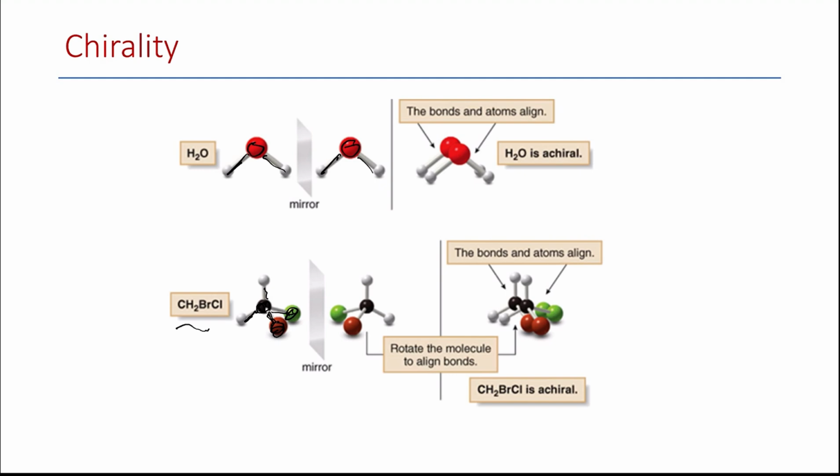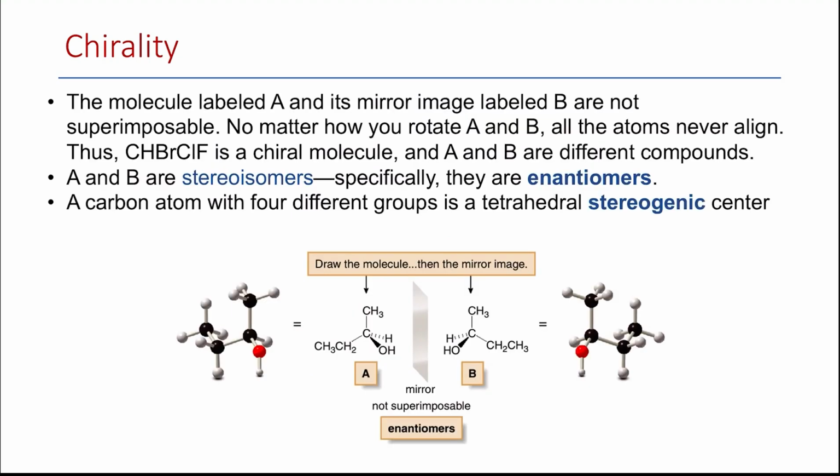As you can see, this molecule on the right hand side is the mirror image of the one on the left hand side. But again, if you rotate the bonds, then these two molecules will be superimposable on each other, which means that this molecule, bromochloromethane, is non-chiral, or we call it achiral.